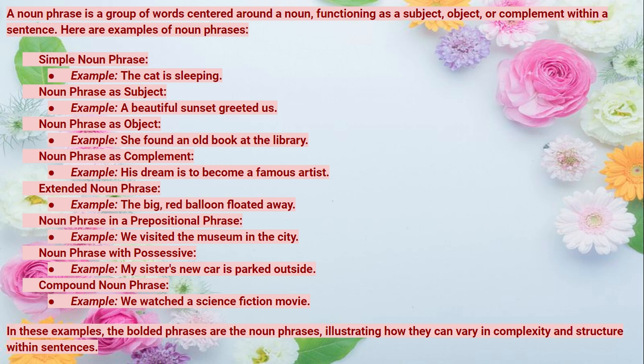Noun phrase in a prepositional phrase, example: we visited the museum in the city. Noun phrase with possessive, example: my sister's new car is parked outside. Compound noun phrase, example: we watched a science fiction movie. In these examples, the bolded phrases are the noun phrases, illustrating how they can vary in complexity and structure within sentences.